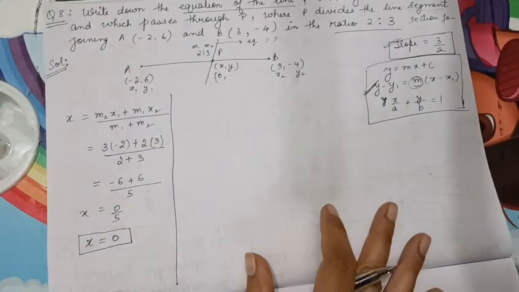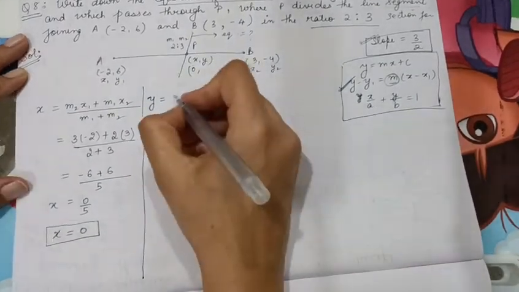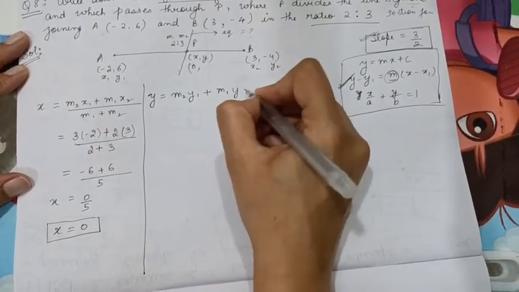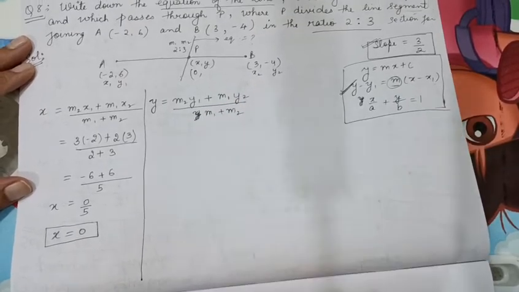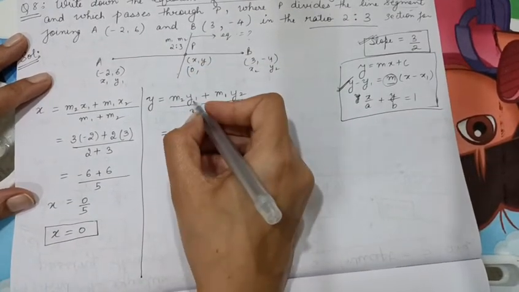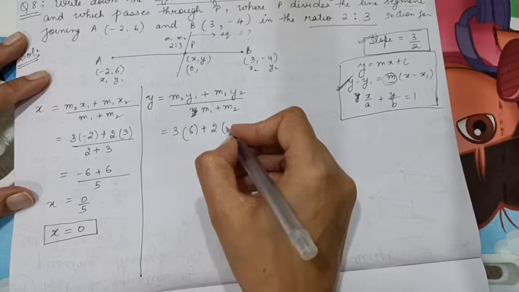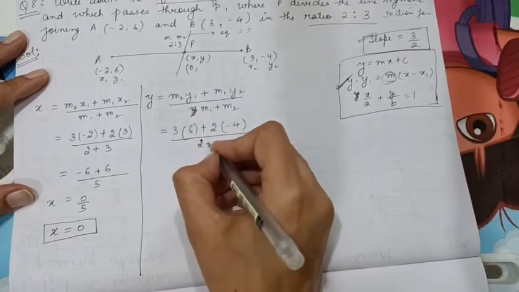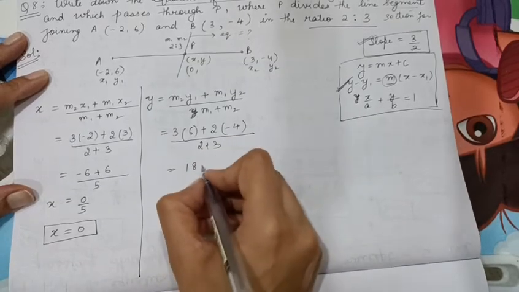Now let's find the y coordinate. For the y coordinate, the section formula is (m2 y1 plus m1 y2) upon (m1 plus m2). m2's value is 3, y1 is 6, plus m1's value is 2, y2 is minus 4, upon m1 plus m2, which is 2 plus 3. 3 into 6 is 18. 2 into minus 4 is minus 8.